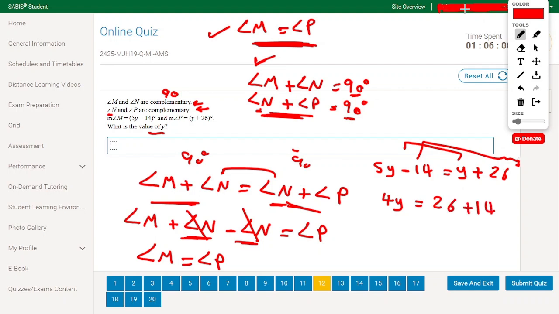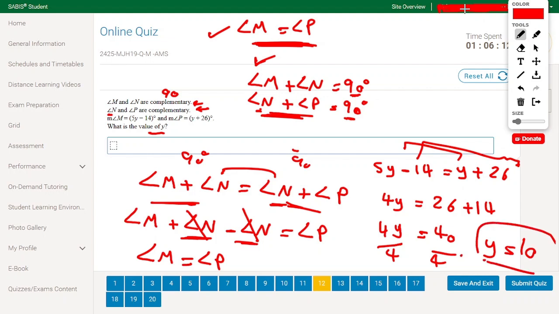So 4y will equal 40. Divide by 4, divide by 4, so y will be equal to 10. So the answer here is 10.